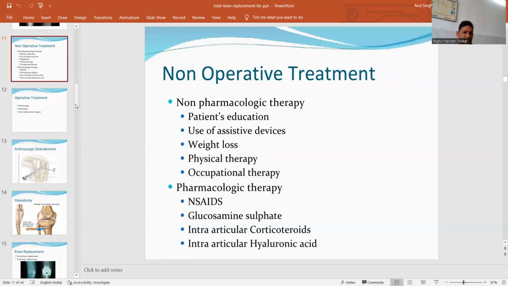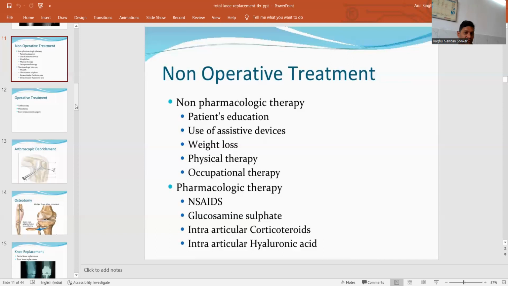Between stage 1 and stage 2, we treat with pharmacological therapy with NSAIDs. The most effective therapy is glucosamine sulfate, chondroitin sulfate. Glucosamine sulfate is regularly given to osteoarthritis patients in the initial stage for more than 1 or 2 months, at least a minimum of 3 weeks.